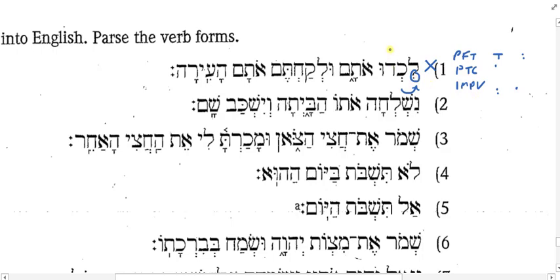The hiriq. So this is the imperative, the qal imperative. When I have the shuruk, which personal ending of the qal imperative is that? That's 2MP, right? So who am I commanding to capture? Y'all, male, you guys. Capture them.